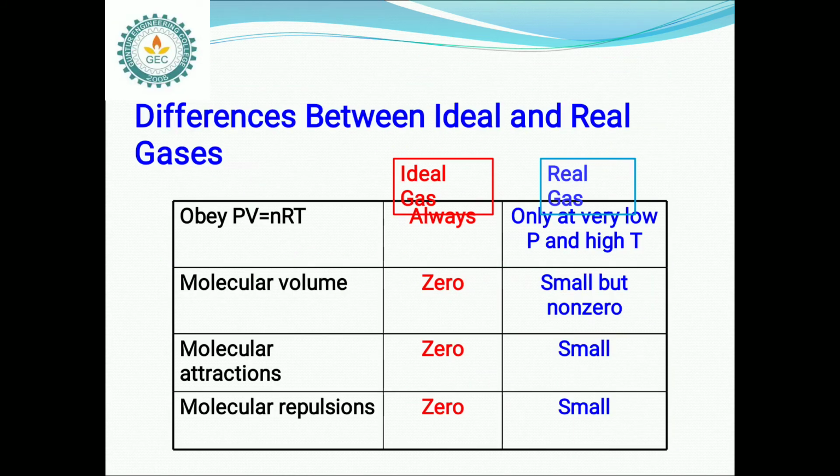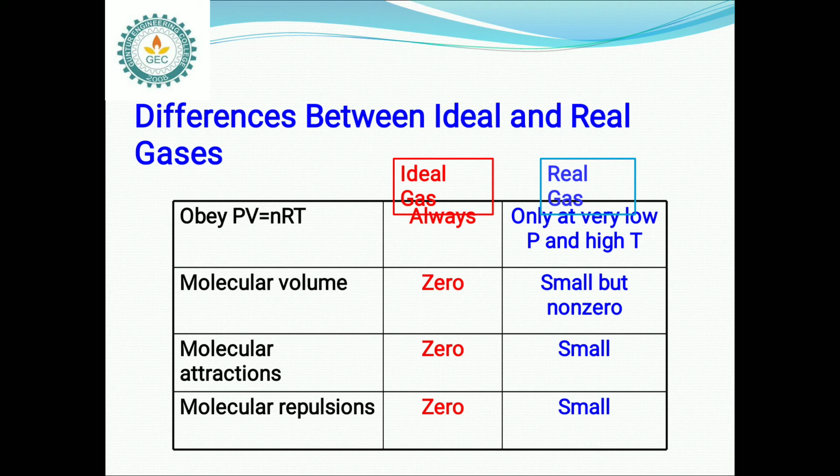Now we are discussing the differences between ideal and real gases. Here we have four conditions. First condition, obeying PV is equal to nRT. An ideal gas definitely obeys PV is equal to nRT, which means always, whereas real gases obey it only at very low pressure and high temperature.